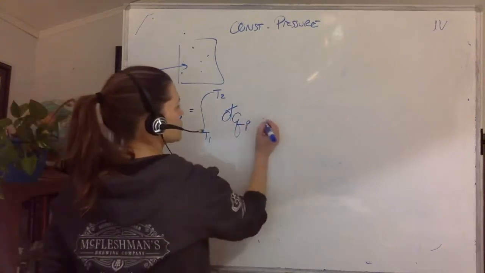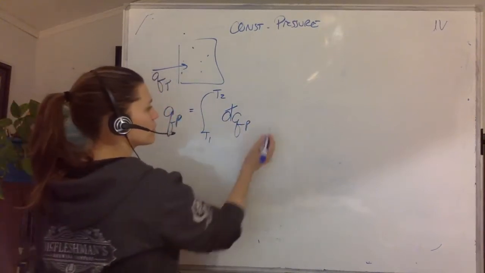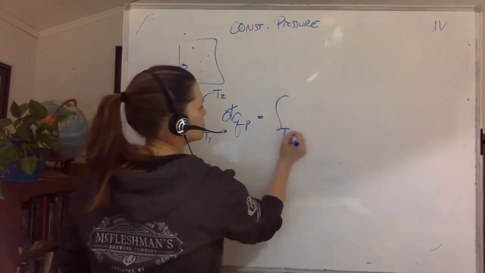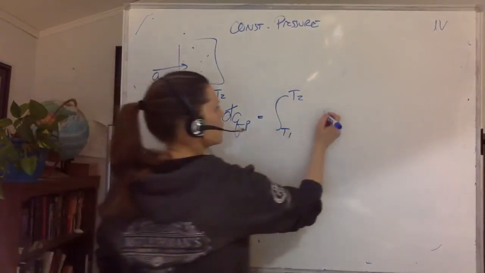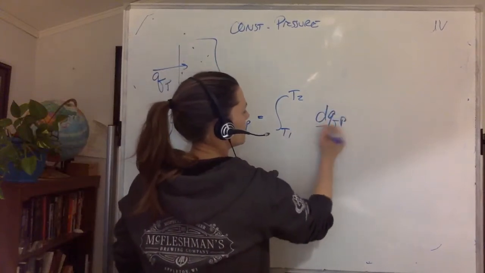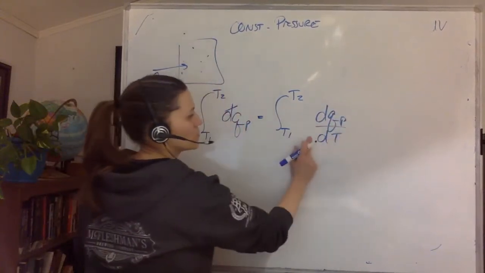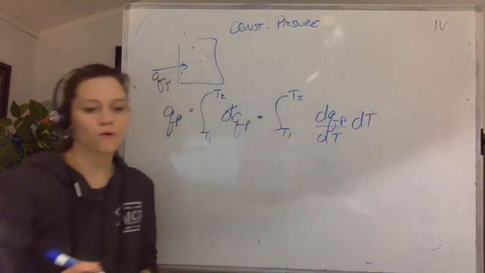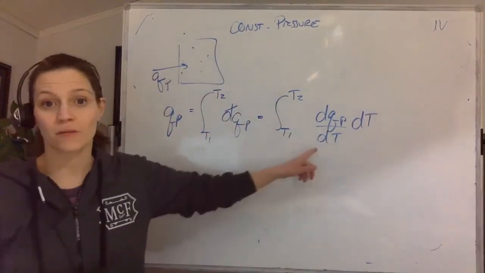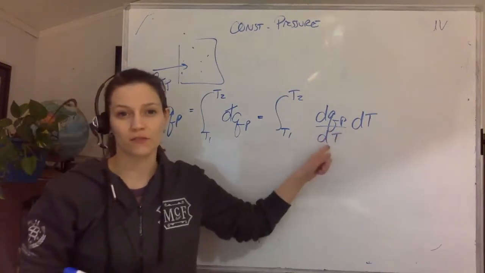All right. So one cool thing that we can do here is we're going to say that I want to know what is the change in my heat per change in temperature, but I'm going to integrate over temperature. Cool, so I basically just multiplied by 1 here, dT over dT.